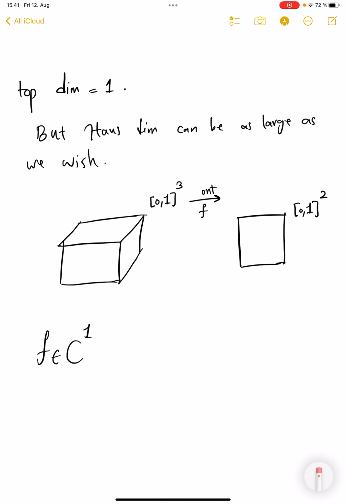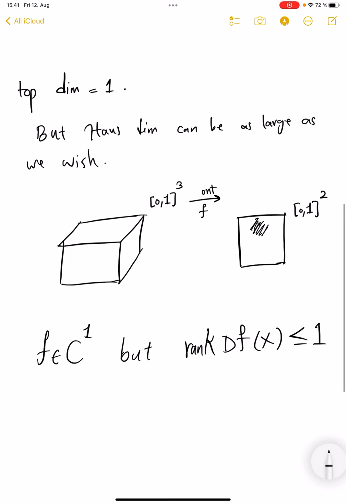has continuous derivative. Now you may say that if a map covers all of this square, so it covers area, at some point its rank, its derivative, must be full rank, right? But the example Kaufman made was that this rank is actually less than or equal to 1 at every point.